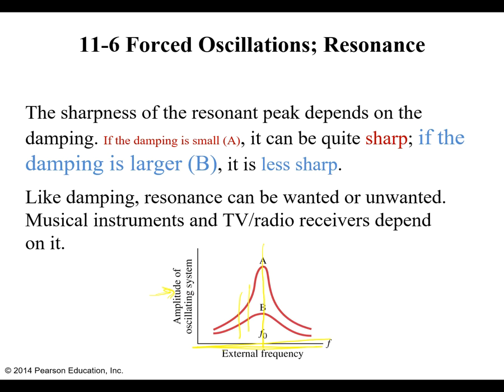Now the sharpness, or how large that amplitude can get, depends on the damping. If the damping is small, then you can get a very sharp and extreme amplitude. However, if you have a large amount of damping, then you get a very small, less sharp amplitude.